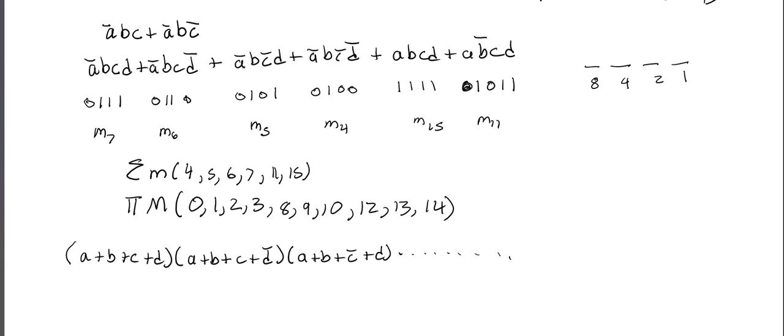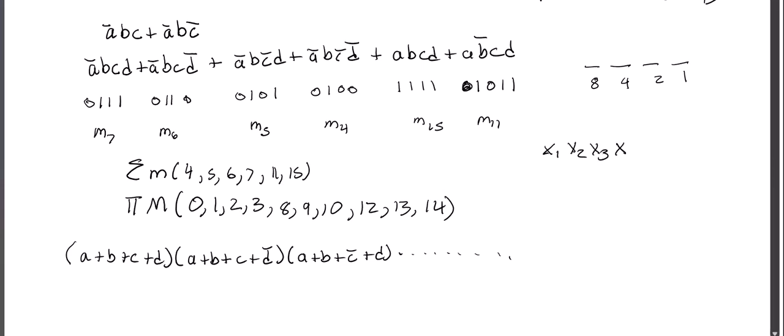So I just think about my list of x1, x2, x3, x4, and they're all complemented, and that is equal to x1 plus x2 plus x3 plus x4, and this is min term 0 and max term 0, where they're all complemented.